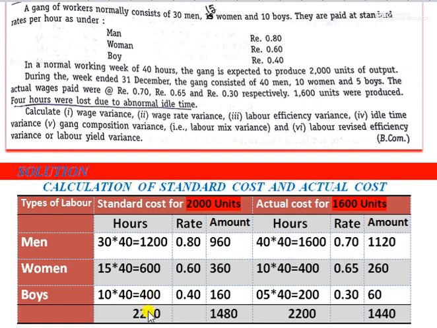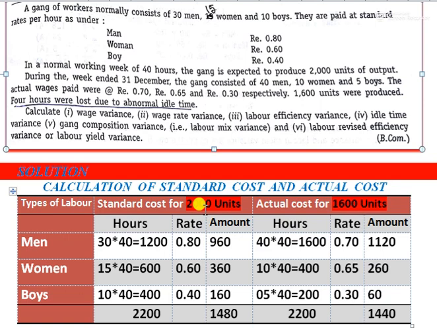Total standard hours is 2200, and total labor standard cost is 1480. Actual hours is 1600 for men, women 400, boys 200. Actual hours is 2200, and total actual labor cost is 1440. The actual is for 1600 units, and the standard is for 2000 units.